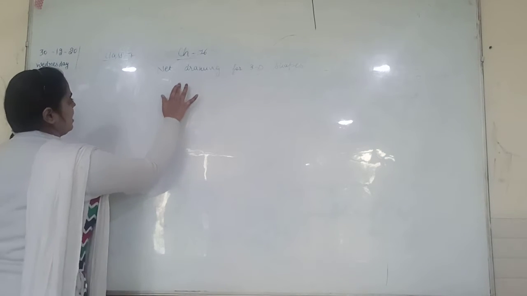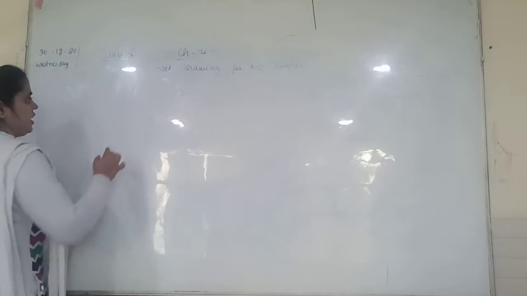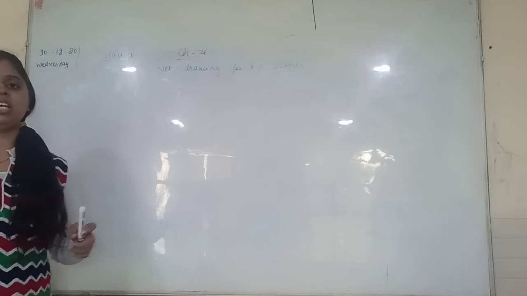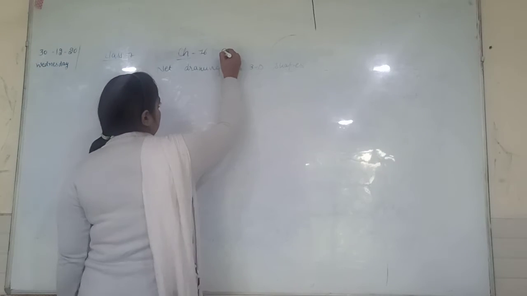Right beta? So firstly we start with the net of cube. So students see properly how I am drawing the net, because today we will discuss the net of 16 figures, and on the basis of these nets you will do exercise 16.2 yourself. Right?